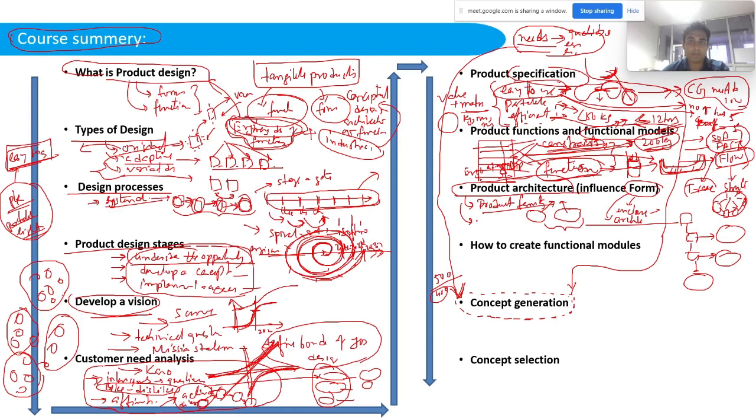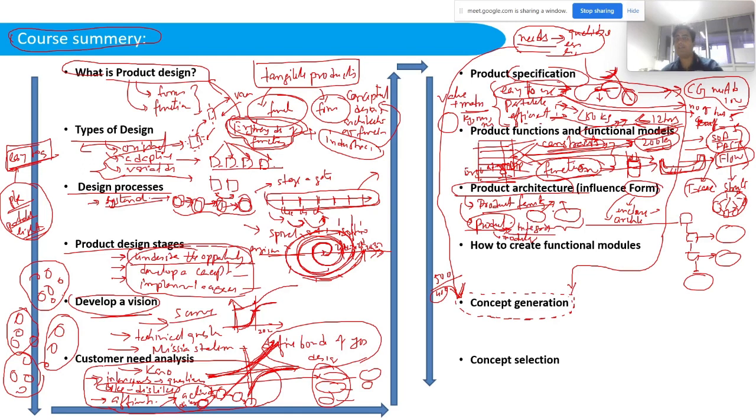Then we discussed product architecture. In product architecture, we talked about how, for a particular product, various functionalities have been grouped together. So basically, product architecture can be modular, and another one is integral.